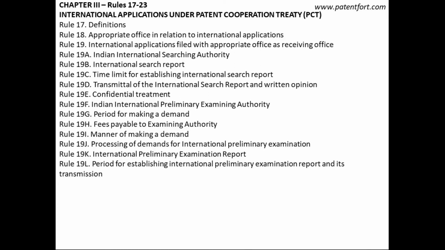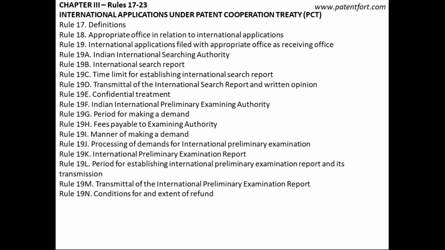Rule 19L, Period for establishing International Preliminary Examination Report and its transmission. Rule 19M, Transmittal of International Preliminary Examination Report. Rule 19N, Conditions for and extent of refund.